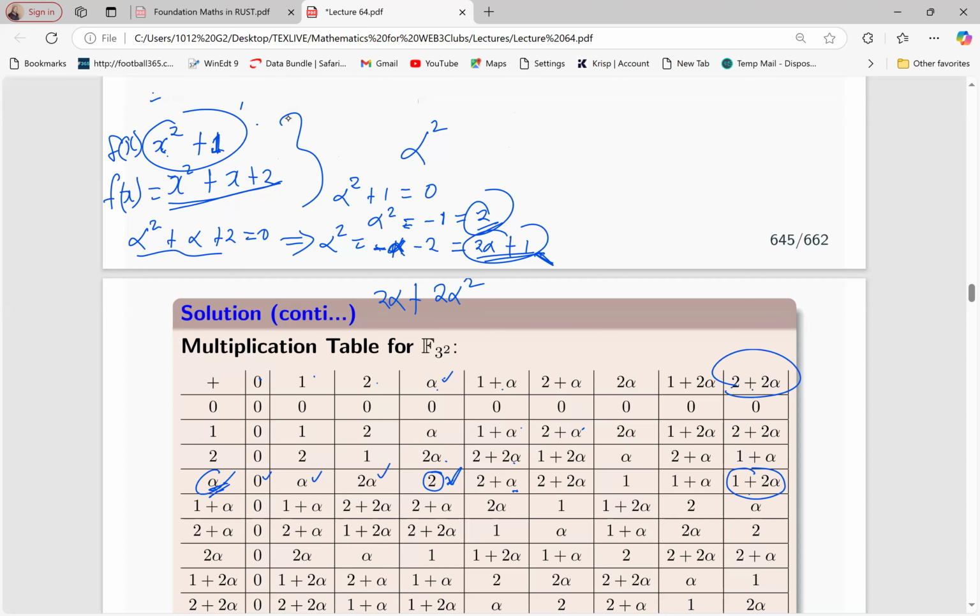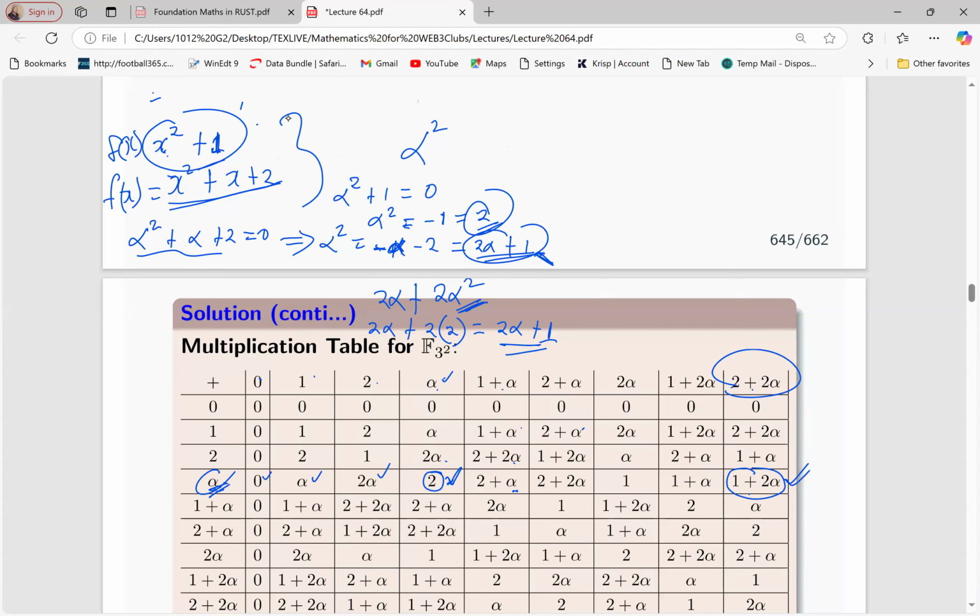So the only problem is here. When you're using the first polynomial, this becomes 2 alpha plus 2, instead of alpha square we have a 2. And so what this becomes is therefore 2 alpha plus 1, which we have.